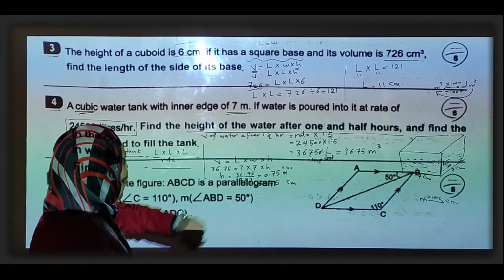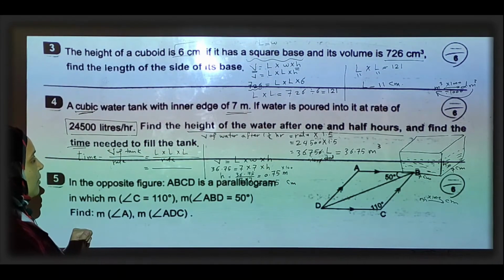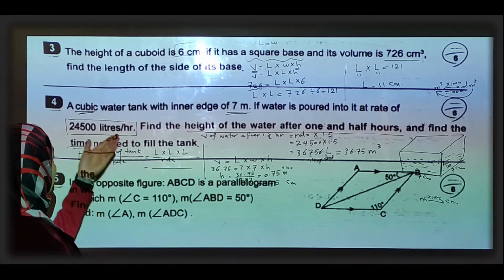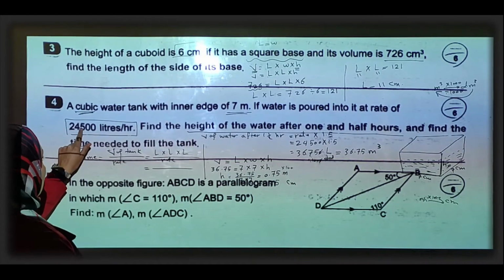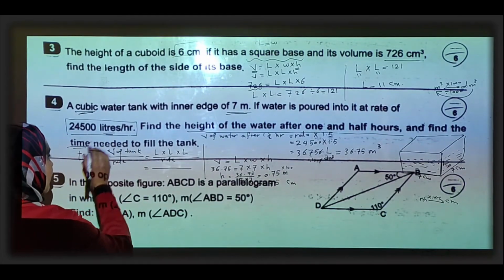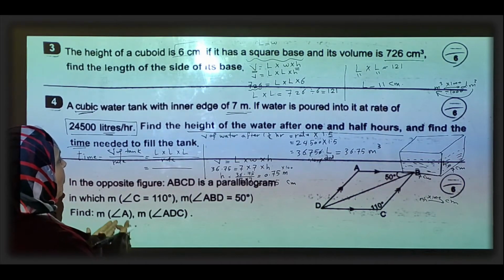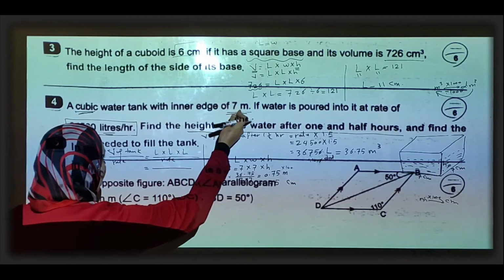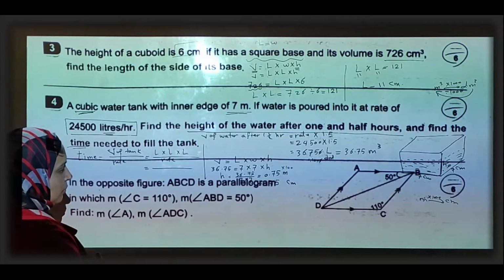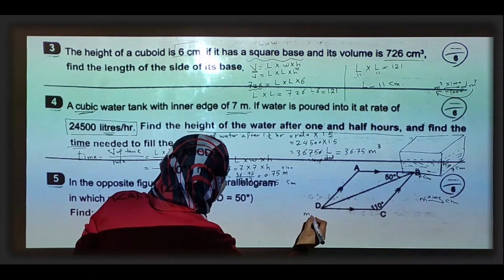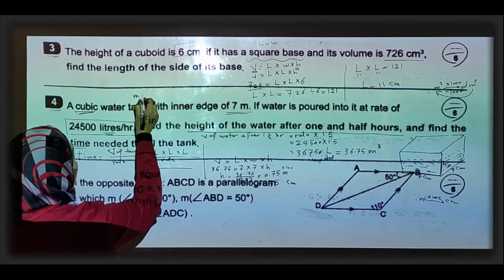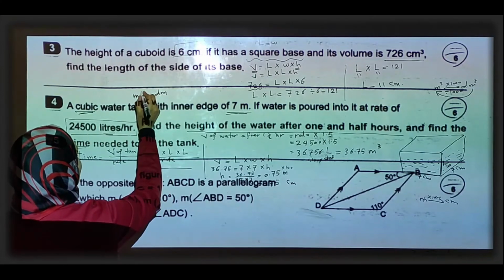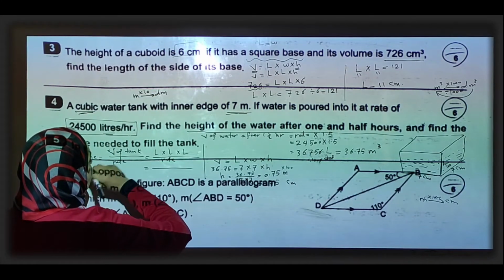Length equals 7 meters, but the rate is 24,500 liters. So we must convert meter into decimeter. From meter to decimeter, we multiply by 10.